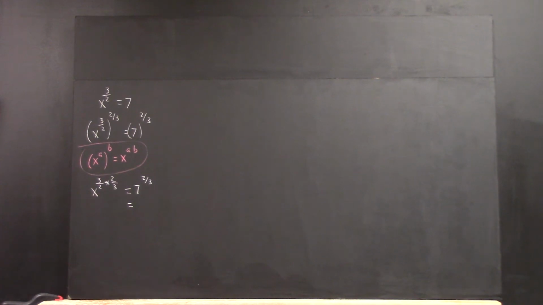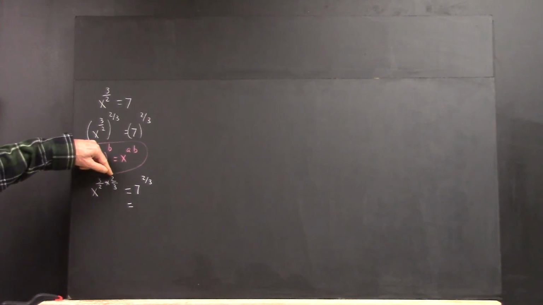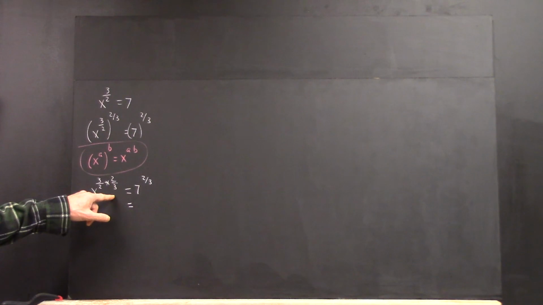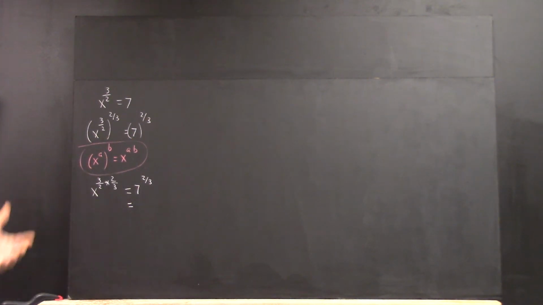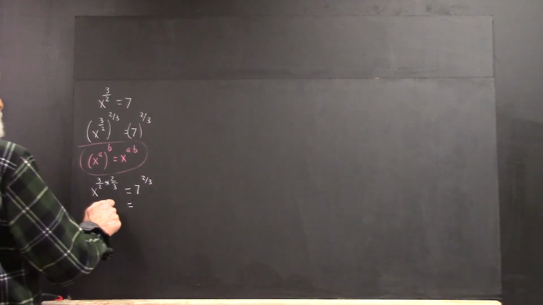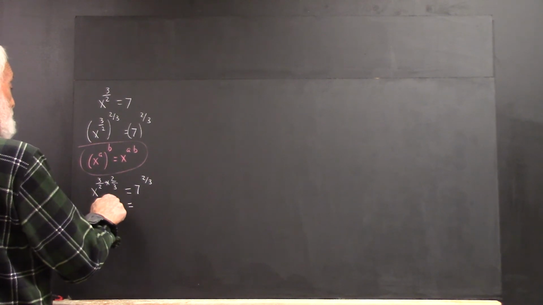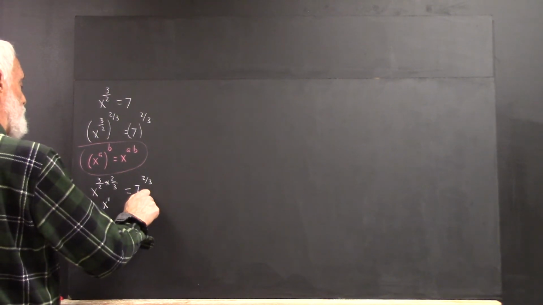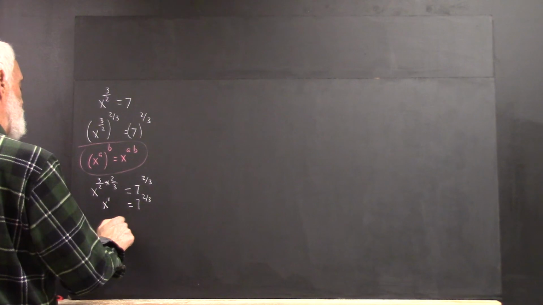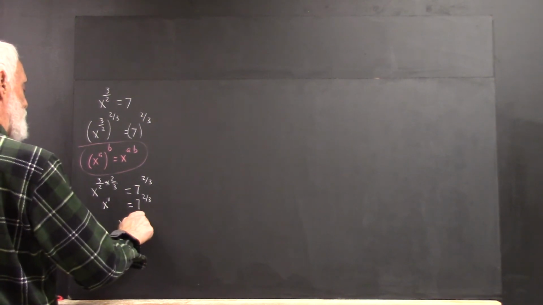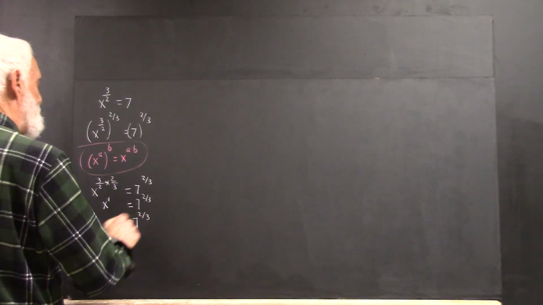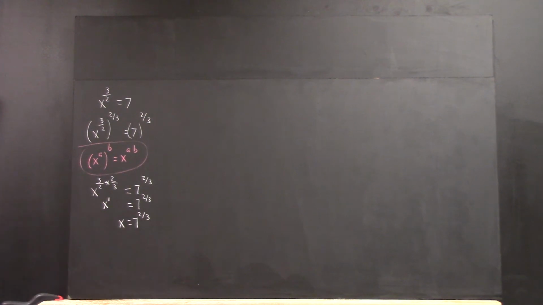It's 1, right? It's 3 times 2, which is 6, divided by 2 times 3, which is 6. 6 over 6 is 1. I have to say that because people are shaky with fractions, but that's x to the 1 equals 7 to the 2/3. So x is the same as x to the 1. It's 7 to the 2/3.